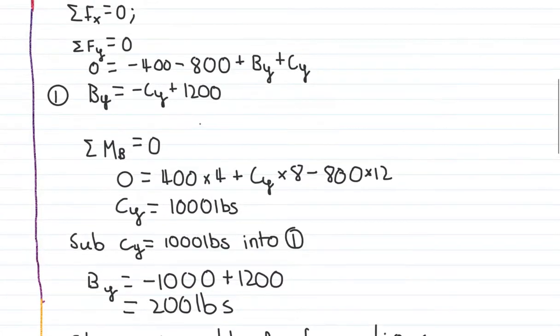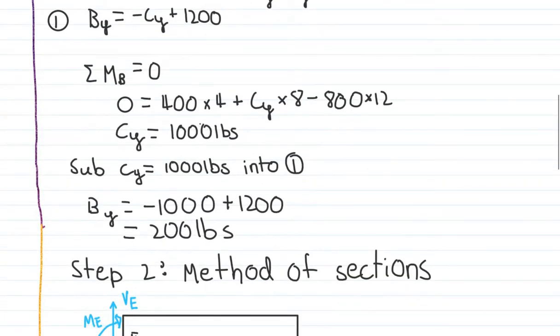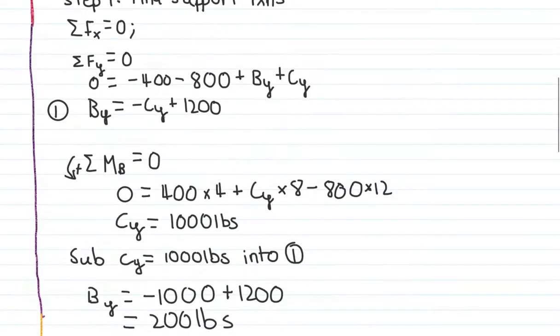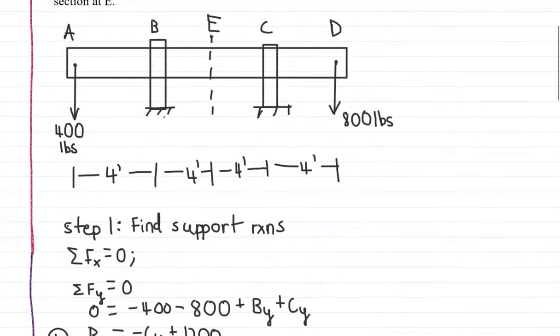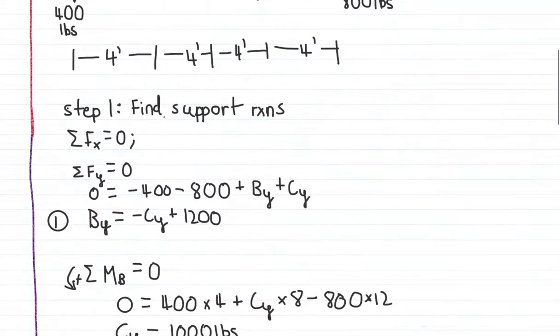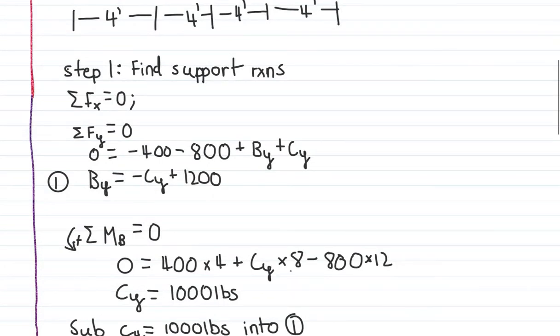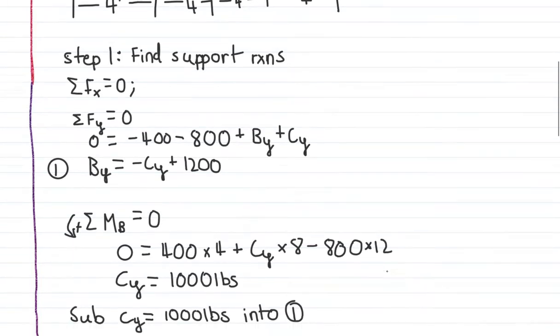And if we take our moment equation about B using the right hand rule, where counterclockwise is positive, we set that equal to 0 since it is static. 0 equals 400 times the perpendicular distance to B, plus the vertical force at C times the horizontal distance, minus 800 times 12, the horizontal distance.